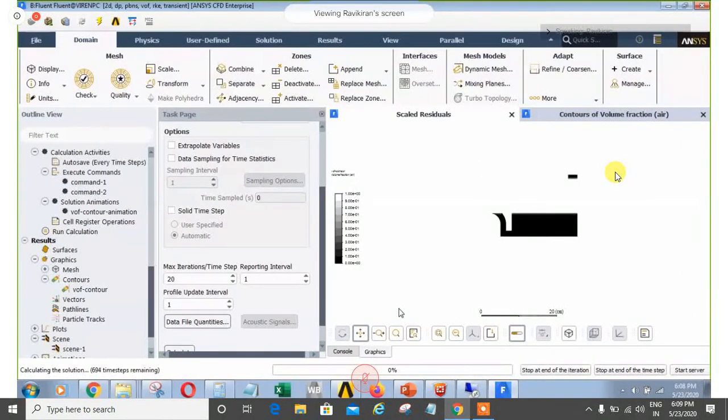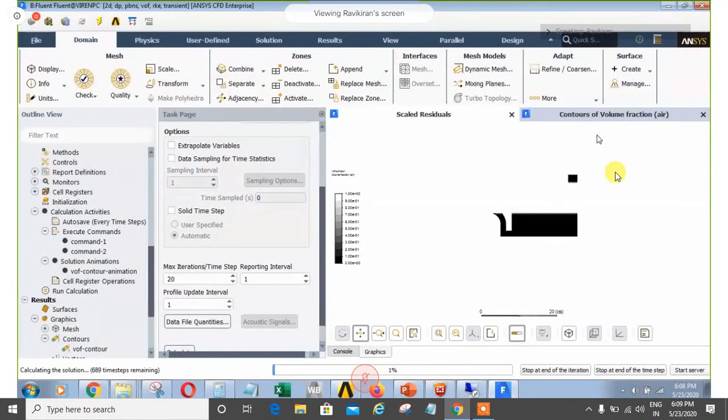As we have opted for the animation here, you can observe after a certain number of iterations, or a certain number of time steps, this will be progressing. If you have opted for the time step interval over here as 1, it will be updated at each and every time step.